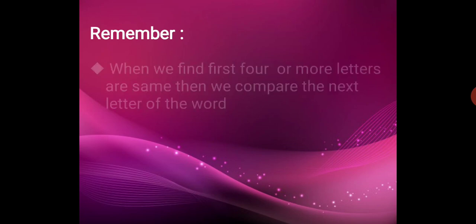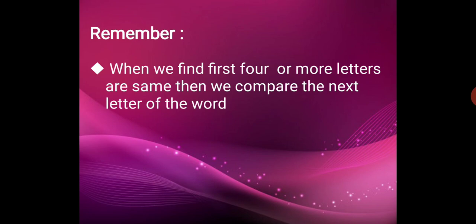But there are lots of words that have 4 or 5 or 6 letters same in all the words. Then what can we do? When we find that the first few or more letters are same, we compare the next letter of the word. It is the hint of the lesson.